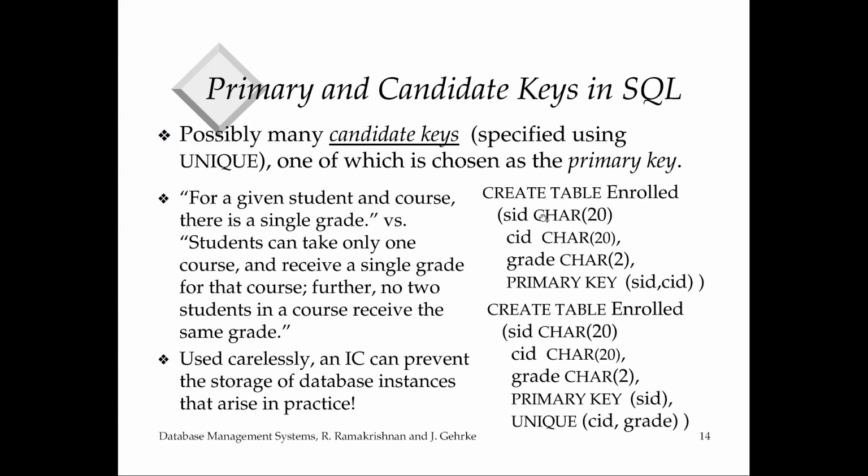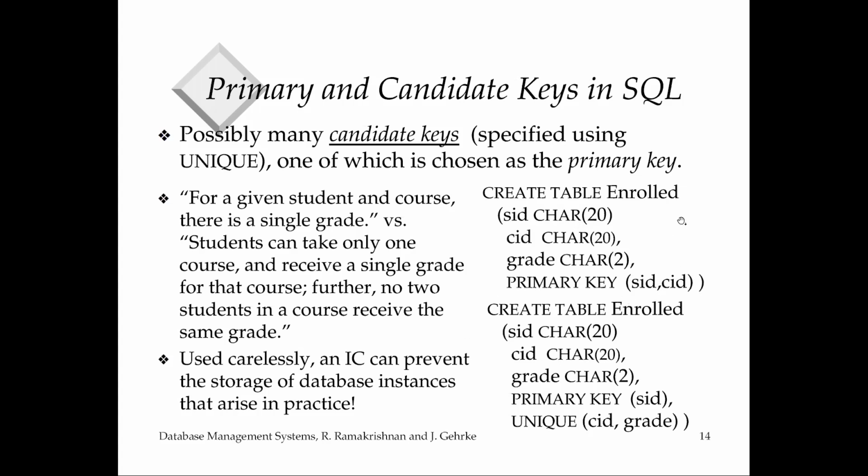For example, if you said that only the student ID is the key for this enrollment table, then it would be very possible for this course ID to appear many times since you did not put any restriction on it. But because you know that you really want, for each student and course ID, to only have one entry for the grade, for example, then you need to have a primary key that is a combination of these two fields.